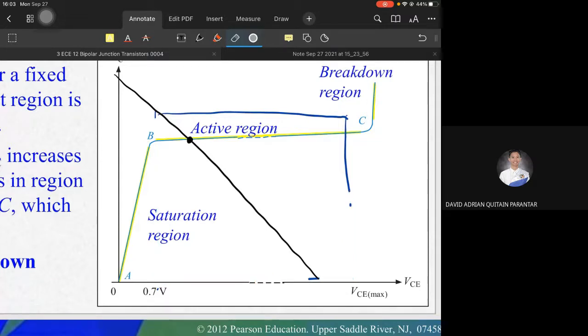That's the first region of importance in the characteristic curve. Another region of importance is the saturation region. Where do we see the saturation region? Here.